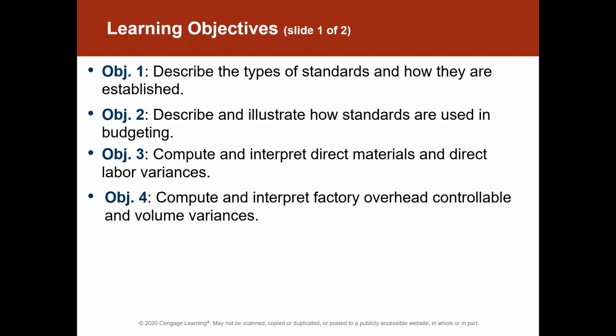And then we'll be looking at all the different product costs that we've learned about since chapter 15, direct materials, direct labor, and overhead, how we calculate those variances, the different sources of variance for each one of those product component costs, and what do we do about that? What does that tell us about our business? And as I keep trying to stress, the important part of all of this isn't really how do we do the calculation, but what do we do with it once we know this information?